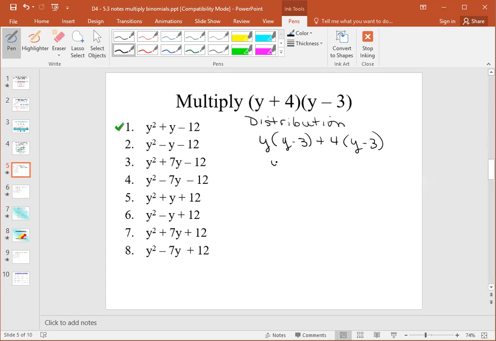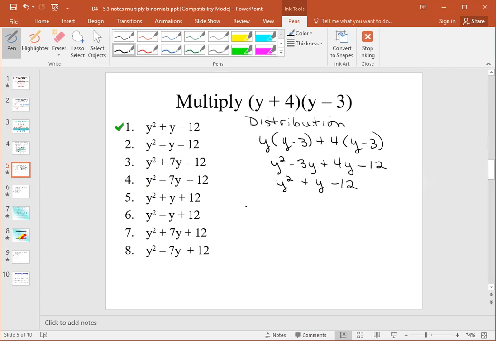Y times y is y squared. Y times -3 is -3y. Same thing here, 4 times y is 4y. 4 times -3 is -12. And then we just have to combine these terms. So y squared plus y minus 12. So in fact, 1 is our answer.